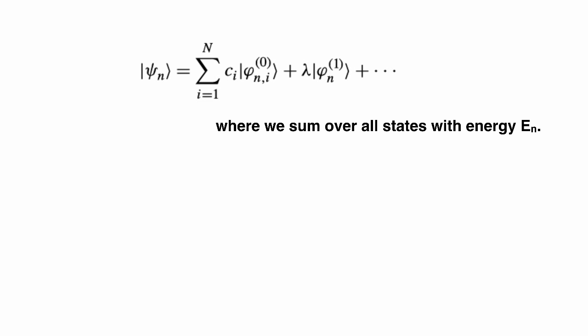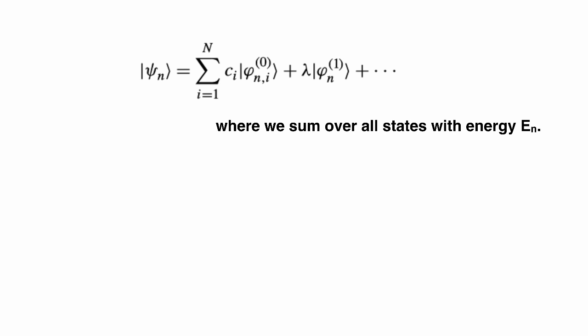Okay, so we are going to write again the new state, which is psi n, the nth state for the perturbed system. We are going to write it as a linear combination of the states that are part of the subspace, phi n comma i of 0, plus some corrections, lambda phi n1, and so on and so forth.